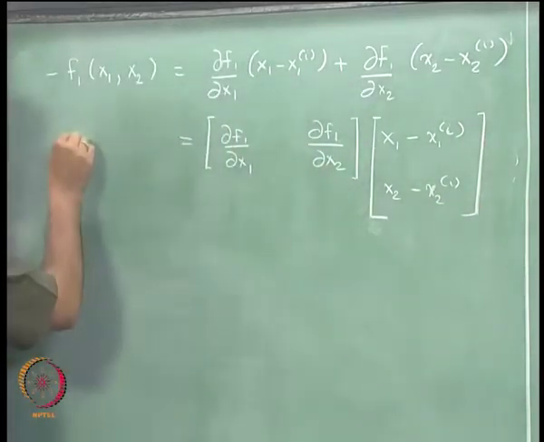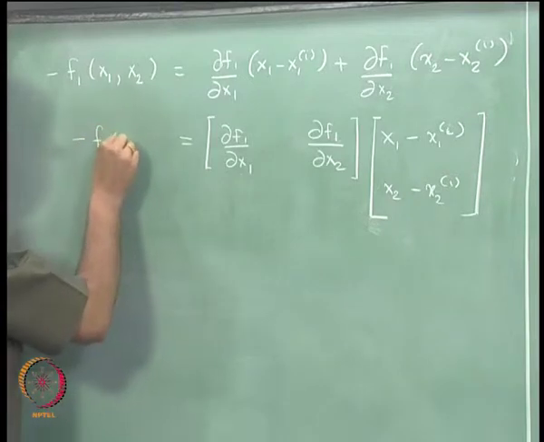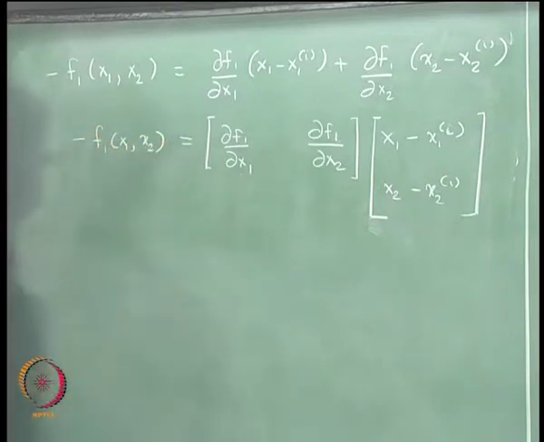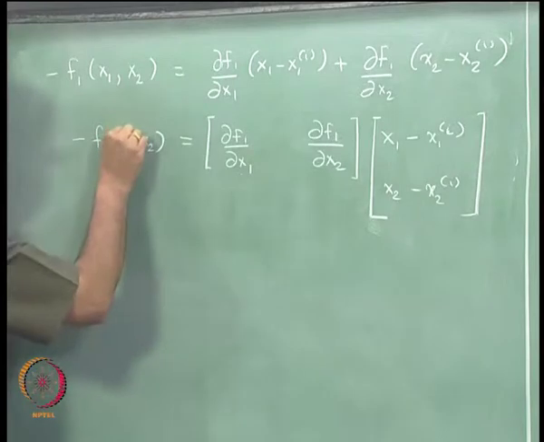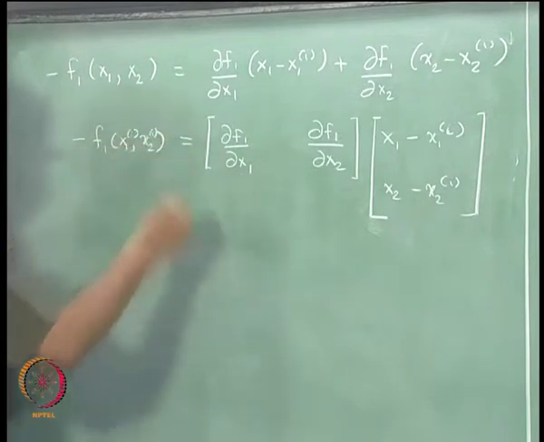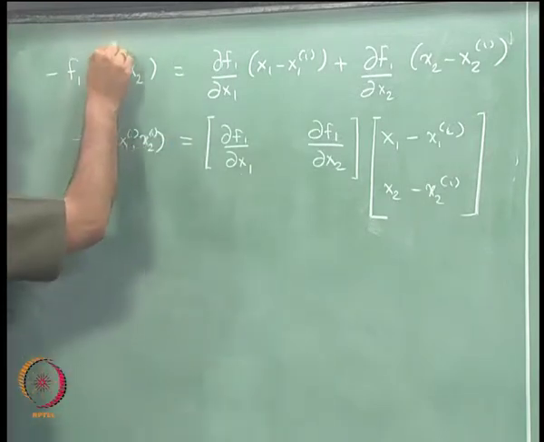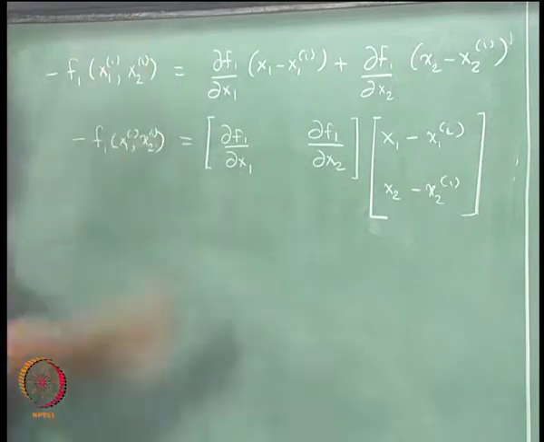Okay, that is going to be minus f1 of x1, x2, or rather minus f1 of x1I, x2I. I missed the I subscripts over here.